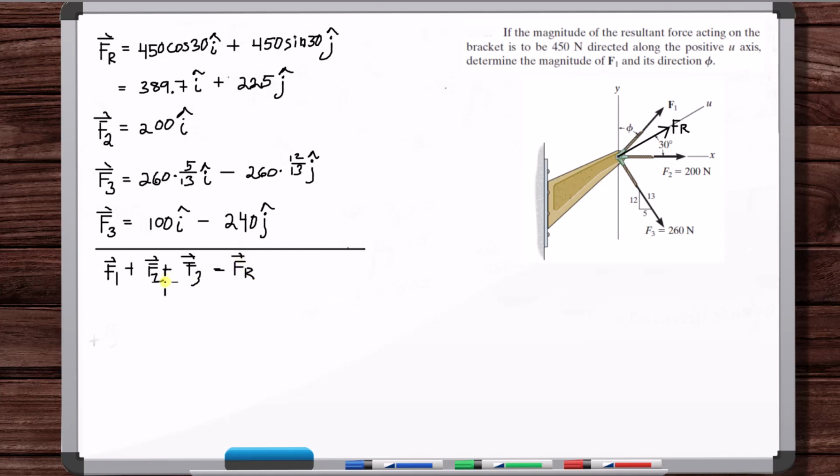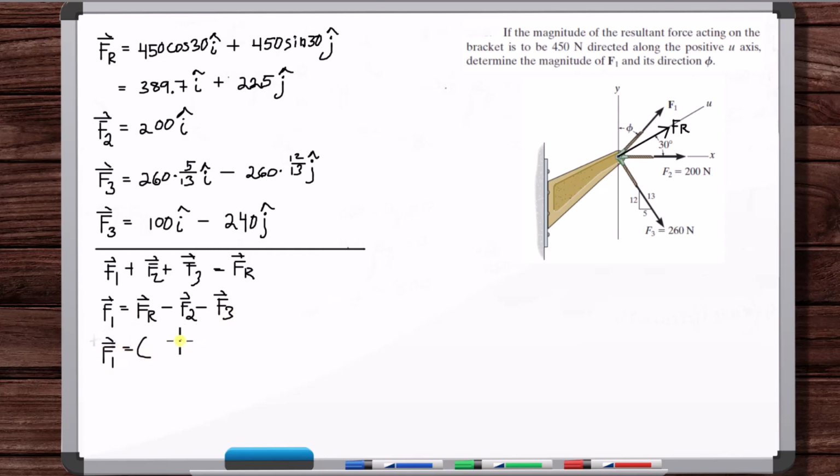And then we can solve for F1 just like a regular equation when you're doing addition and subtraction. So F1 is equal to FR minus F2 minus F3.